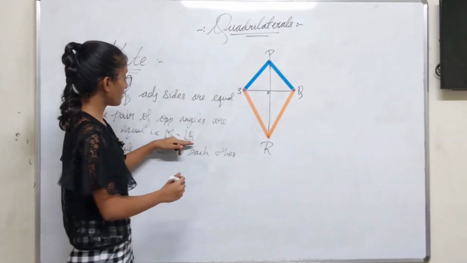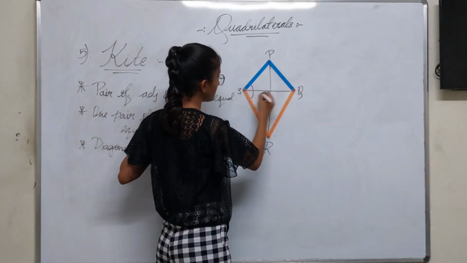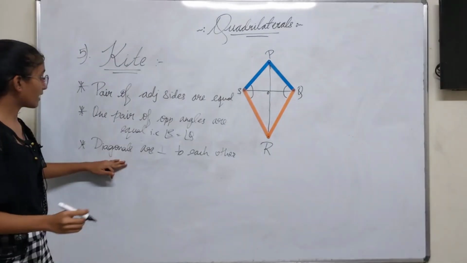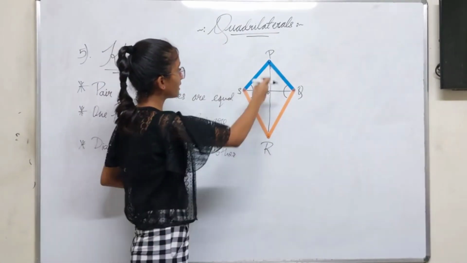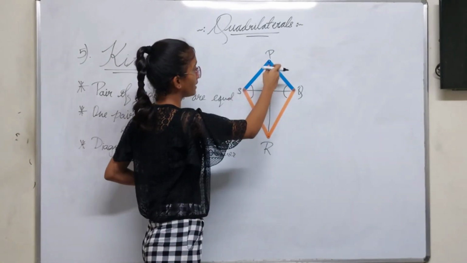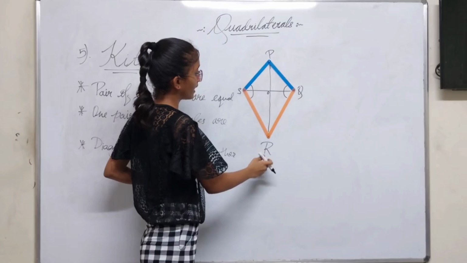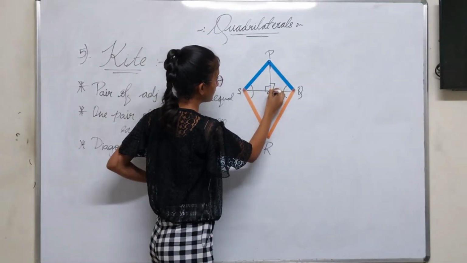Here one pair of opposite angles are angle S and angle Q. Next is diagonals are perpendicular to each other, which means angle POS and angle POQ, QOR and ROS, all these will be equal to 90 degrees.